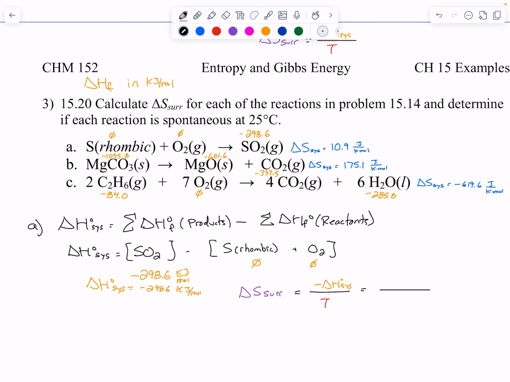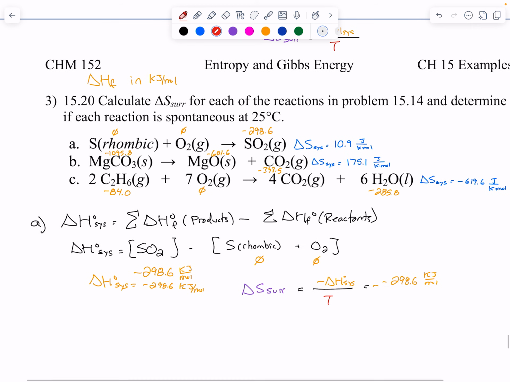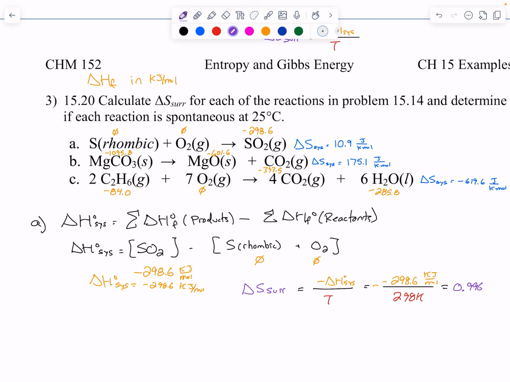And delta H is negative 298.6 kilojoules per mole, and the temperature is 298 K. So that means our surroundings for A would be 0.996 kilojoules per mole Kelvin, or if we make it joules, 996 joules per mole Kelvin.